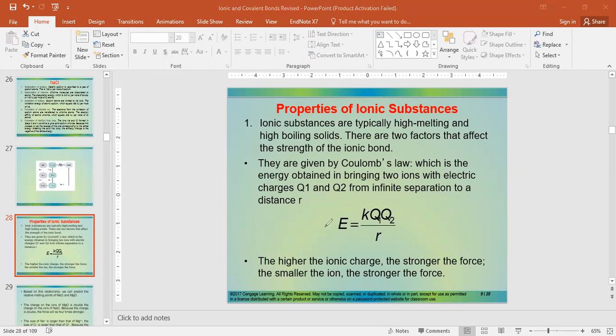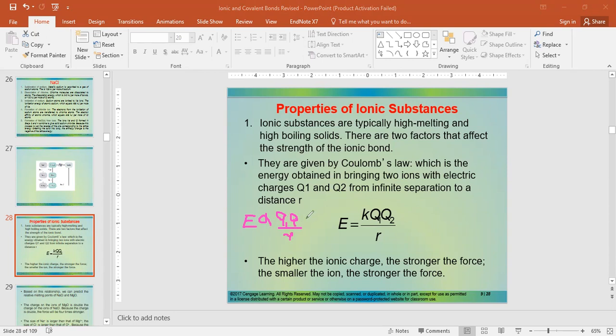Now, if you look at this equation, E here is the energy, and it is directly proportional to the product of Q1 and Q2, and inversely proportional to the distance R.